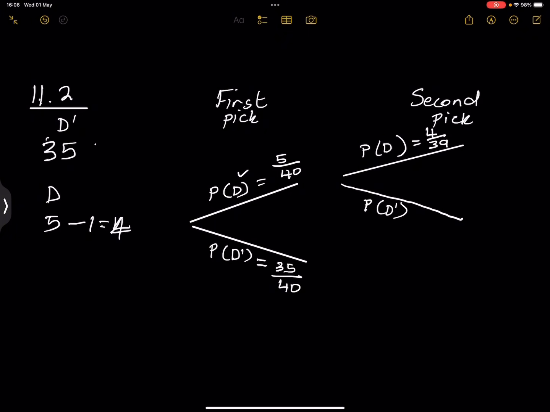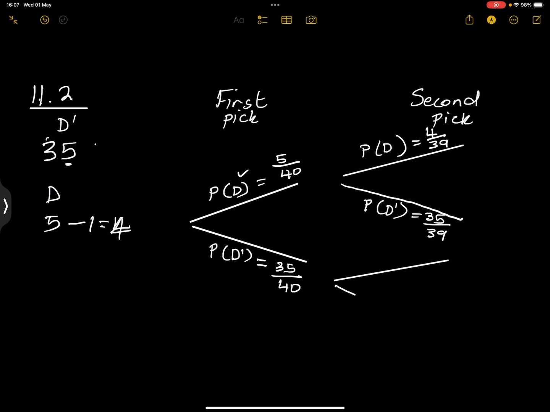If I'm left with 4 defective calculators and still the 35, then what are the chances of me picking one that is not defective again? That would be 35 out of the 39. I hope this makes sense, guys.